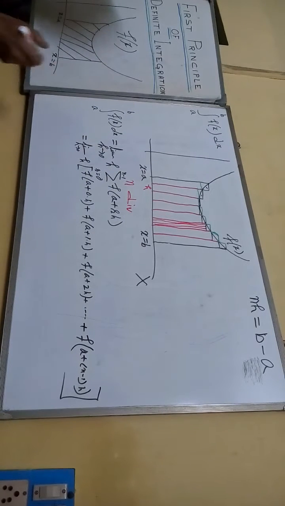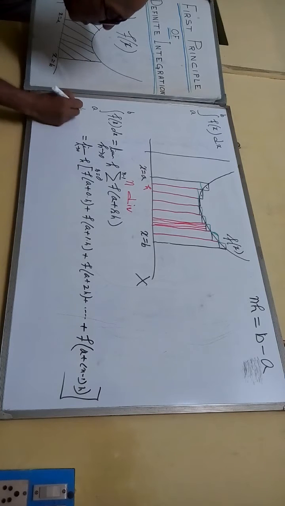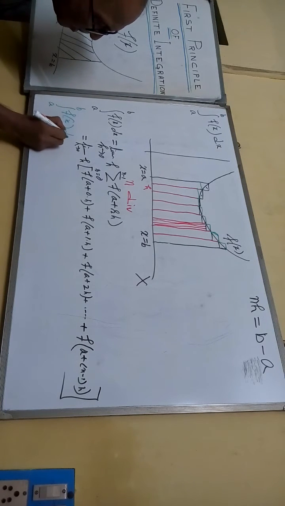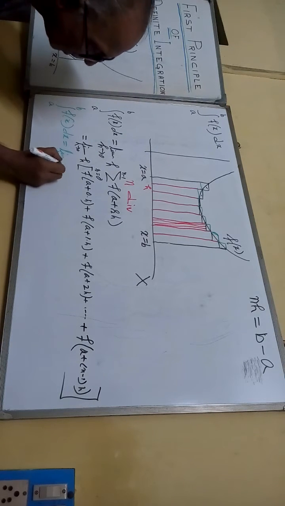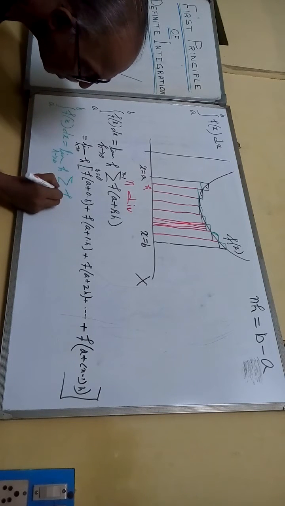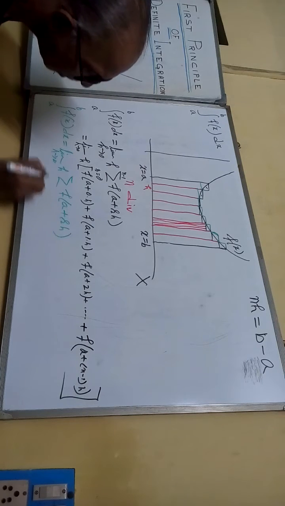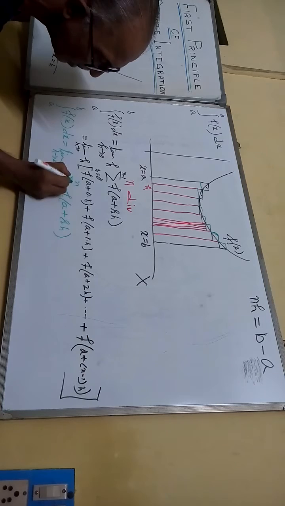So then we write the integral from a to b of f(x) dx equals the limit as h tends to 0 of h times the summation of f(a plus rh) from r equals 1 to n.